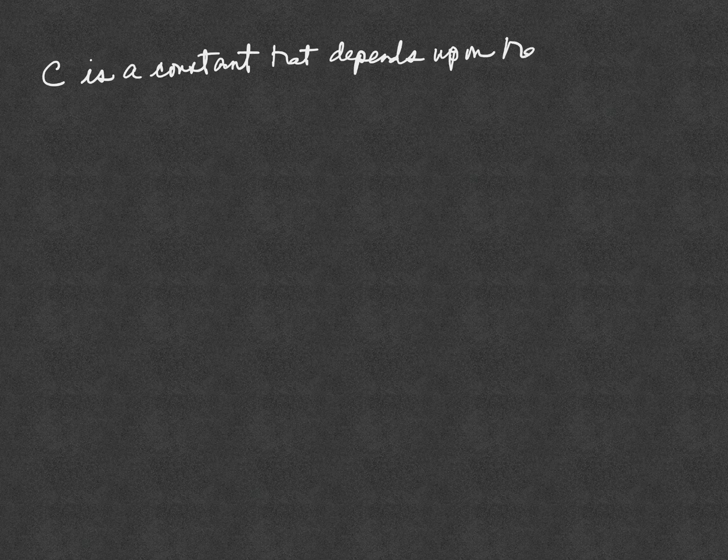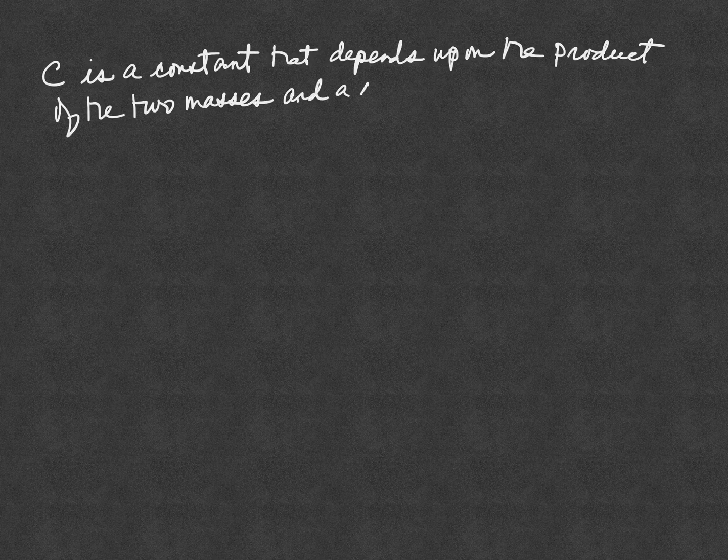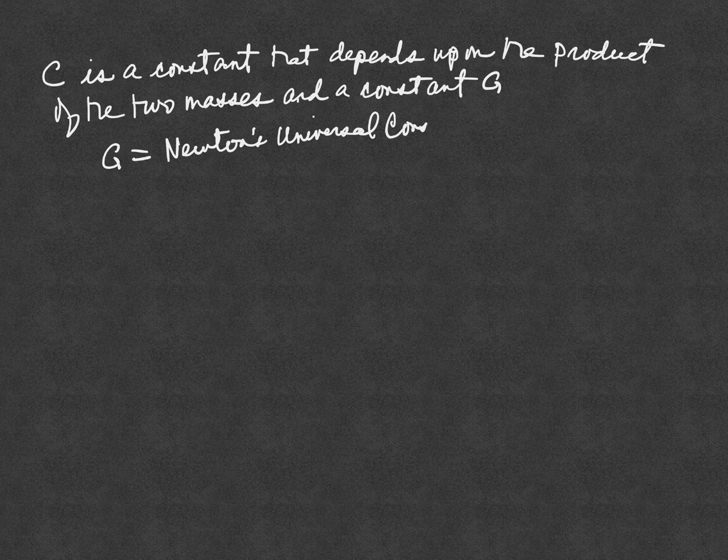So C is a constant that depends on the product of the two masses and a constant called G. Now G is what's called Newton's universal constant of gravitation.